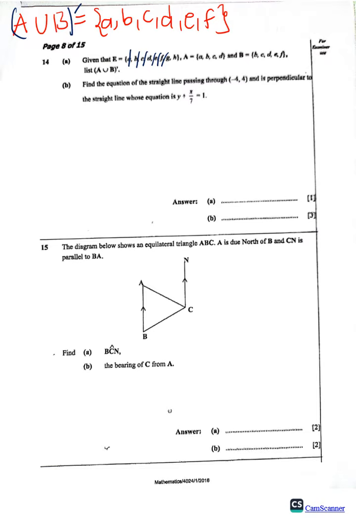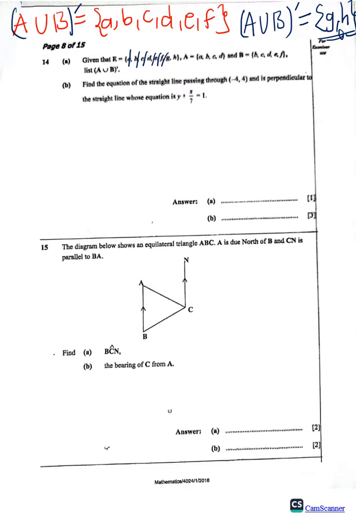So we can see that our answer for (A union B) complement will have G and H. So this is our final answer for the first part.